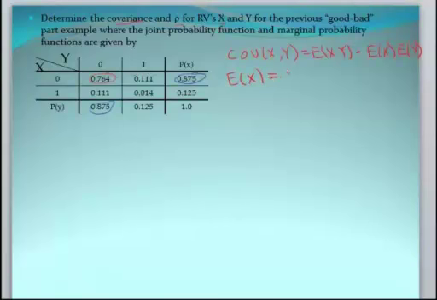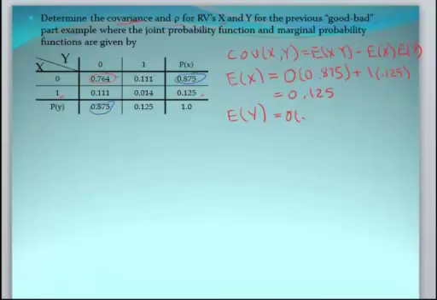We take the value itself times the probability of that value, so that x is equal to 0, right? The probability is 0.875, and then the probability that it is 1 is 0.125. So all of that is 0.125.